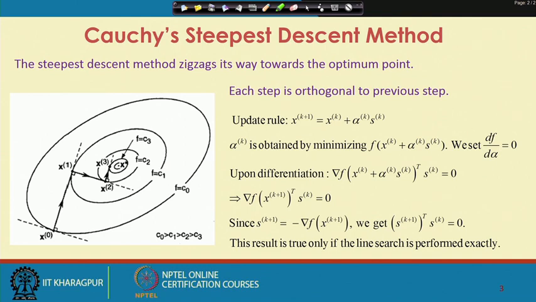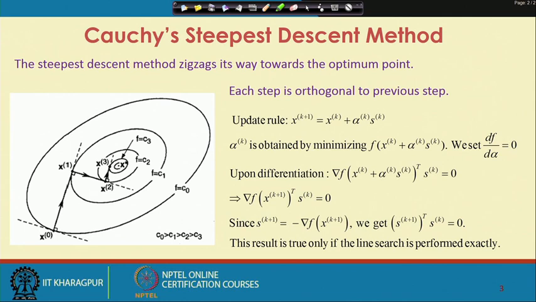Cauchy's steepest descent method zigzags its way towards the optimum point. If you look at the figure, it will be clear that when you start from x 0 and go to x 1, then go to x 2 and then go to x 3, you take a zigzag path. This is because each step is orthogonal to the previous step.